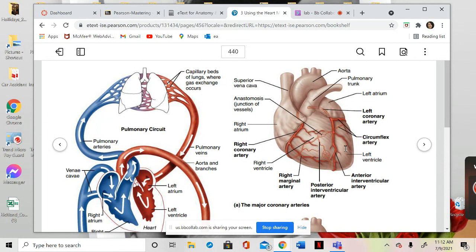The anterior interventricular artery branched from the left coronary artery in the anterior interventricular sulcus.